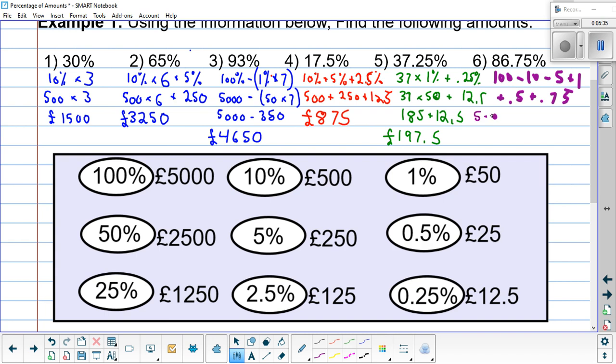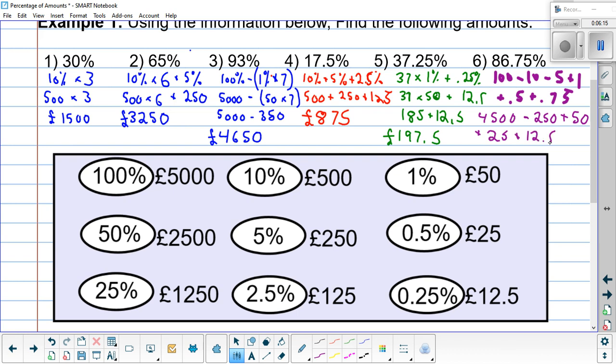So 5,000 minus 500 is 4,500. And then we're going to subtract 250, add on 50, add on 25, add on 12.5.